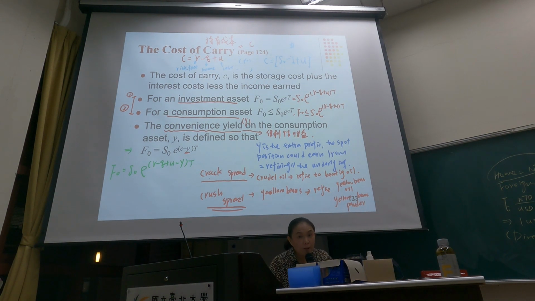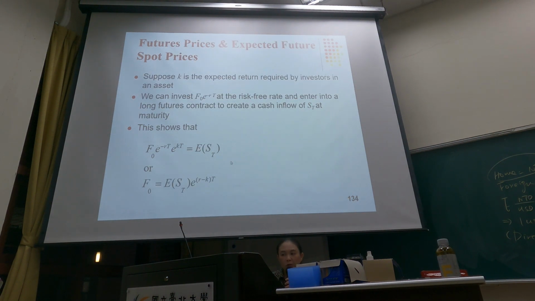All right, so finally, we're going to wrap up and go back to the original pricing model. Okay. Now, in the original pricing model, F0 equals S0 e^(rT), right? That r is the risk-free rate. Agree? Okay.